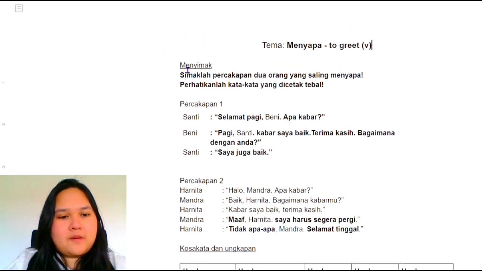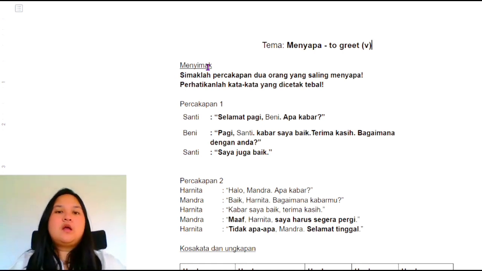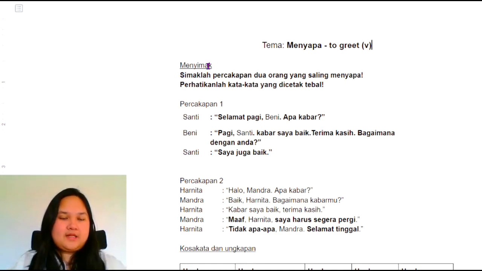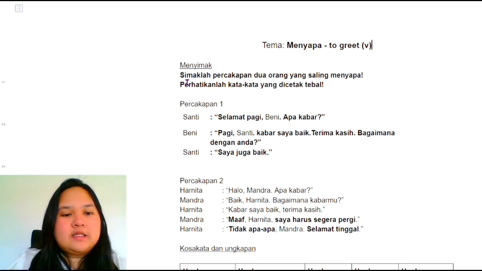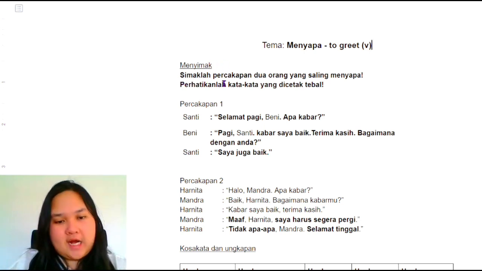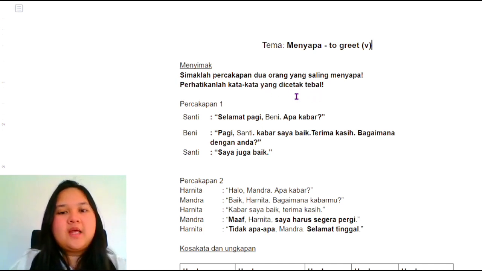So the first part is menyimak. Menyimak is listening or paying attention, ya. Simaklah percakapan dua orang yang saling menyapa. Perhatikanlah kata-kata yang dicetak tebal. Okay.